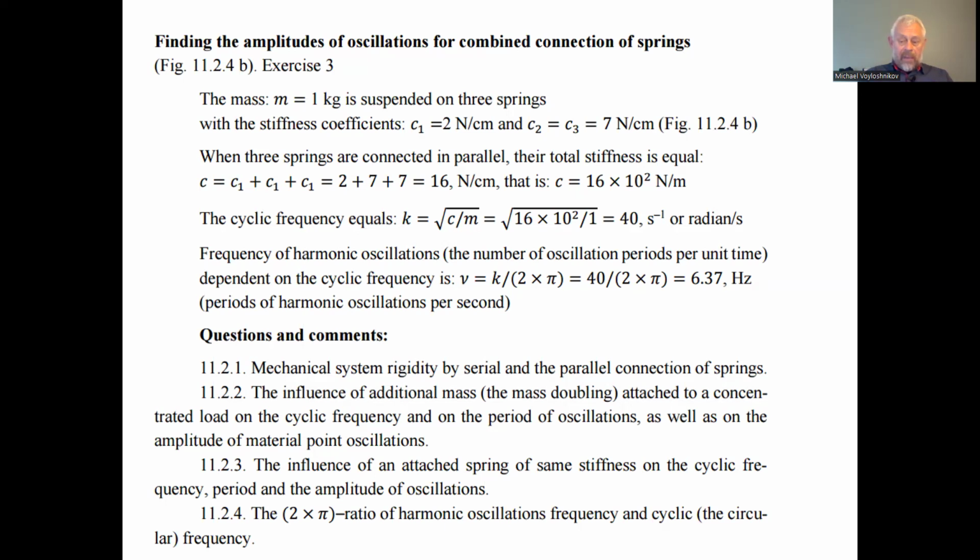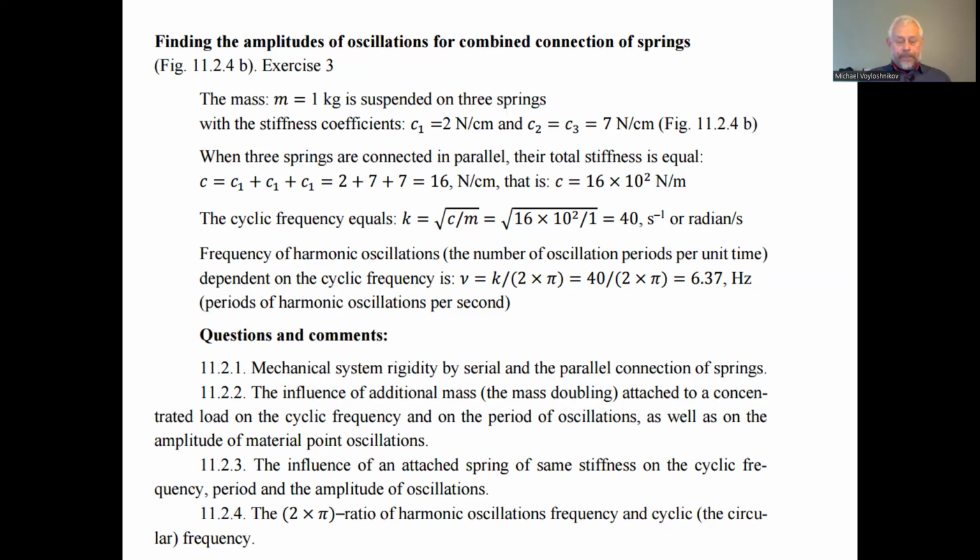The frequency of harmonic oscillations is also called the technical frequency, the number of oscillations per unit of time. But the cyclic frequency is the number of radians of the period of the oscillation per unit of time. The two are in the proportion of 2 pi: the frequency of the harmonic oscillation is equal to the cyclic frequency divided by 2 pi.